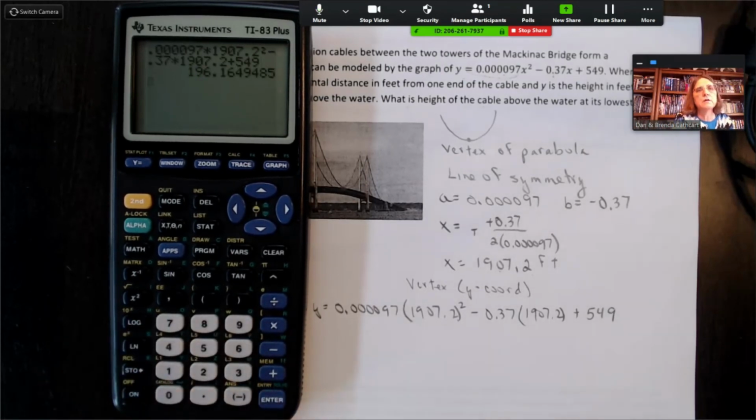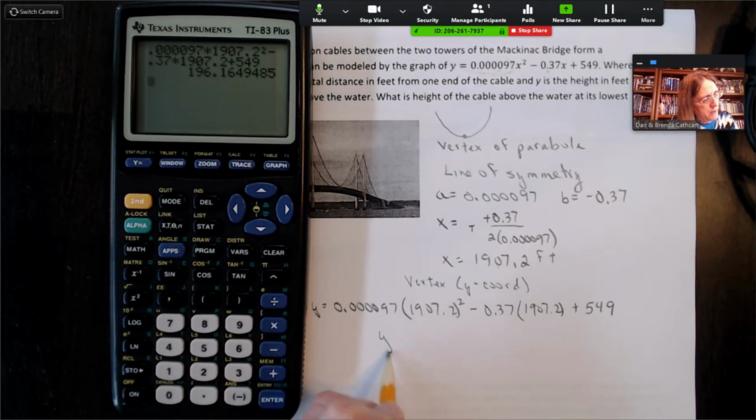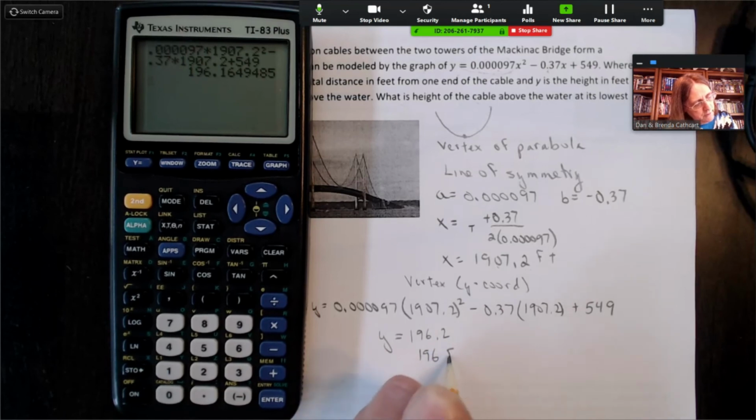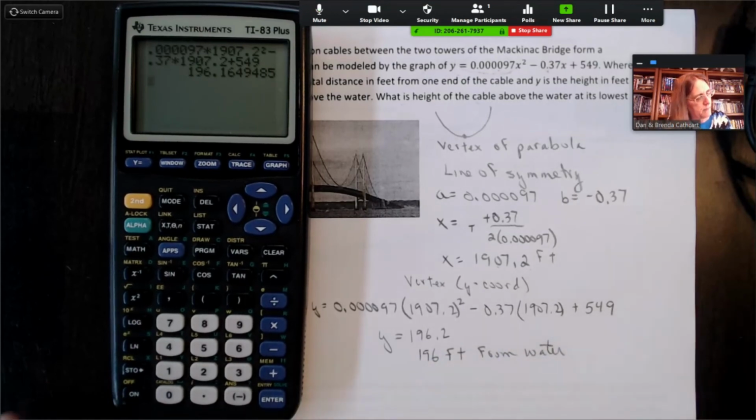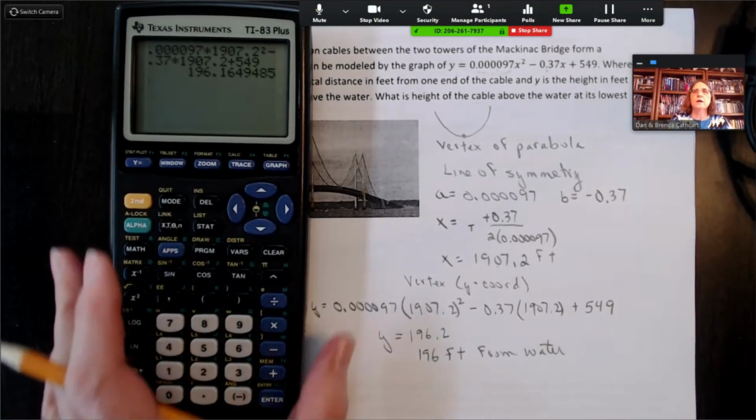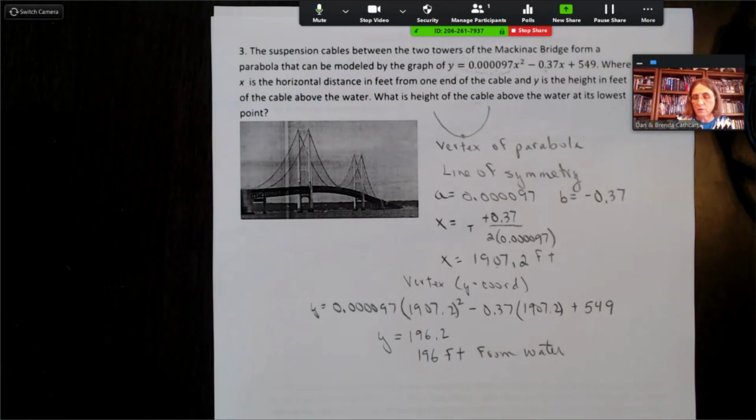And I get a y value of 196.2. We're going to round that to 196 feet from the water. Okay, and that's our lesson on quadratic equations, finding the line of symmetry, the vertex, and identifying whether the vertex is a maximum or a minimum.